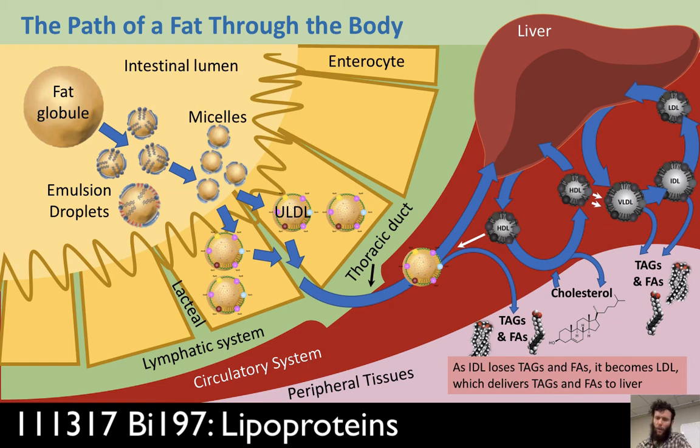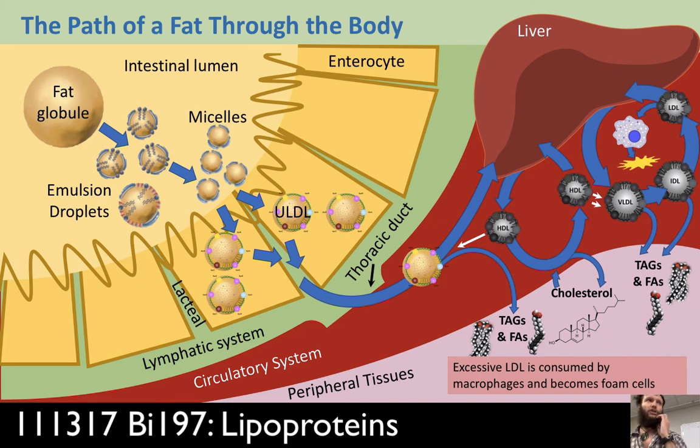Now, why would LDL be a bad thing? So it's bringing triglycerides and fatty acids to the liver. Well, if there are excess triglycerides and excess fatty acids in the blood, there's going to be more LDL than your body can really handle and absorb by the liver.